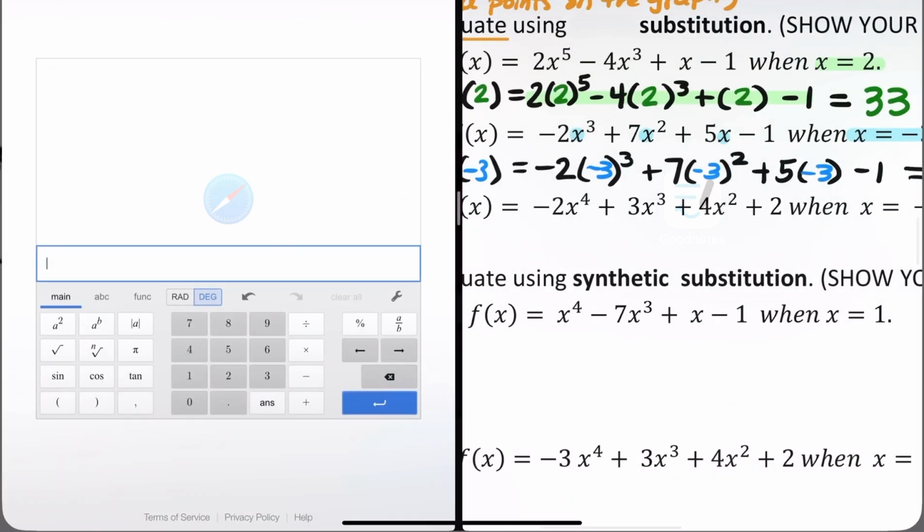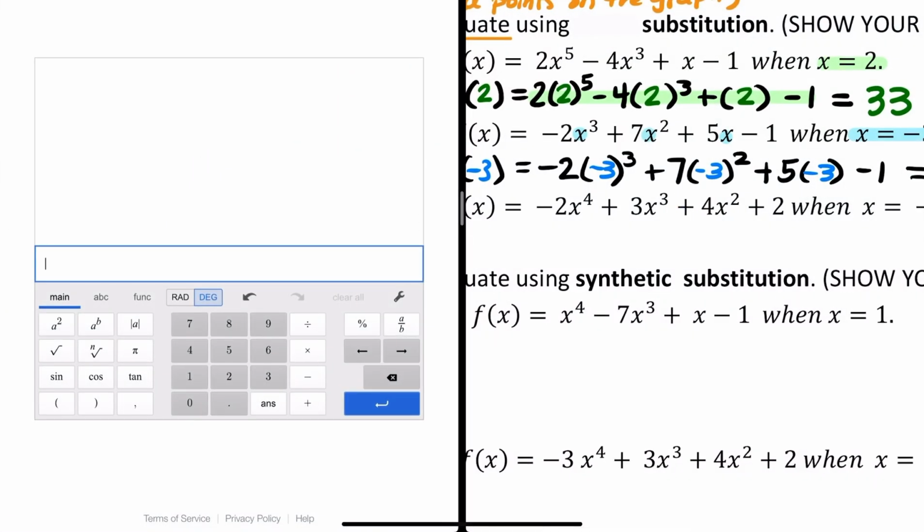Again, I'm going to use my calculator for this, and this is the part that I will be putting into the calculator. The whole problem. So negative 2 parentheses negative 3 to the 3rd power plus 7 parentheses negative 3 to the 2nd power plus 5 parentheses negative 3 minus 1.